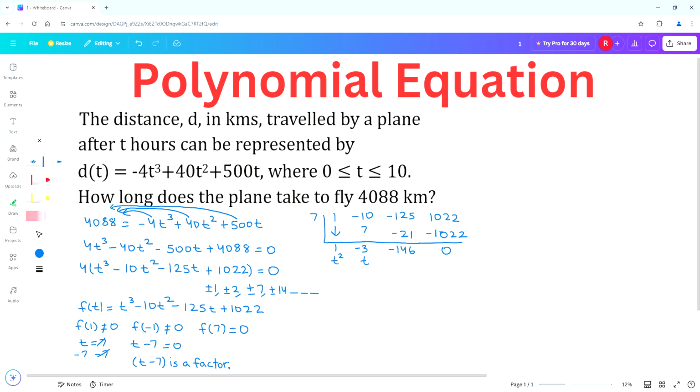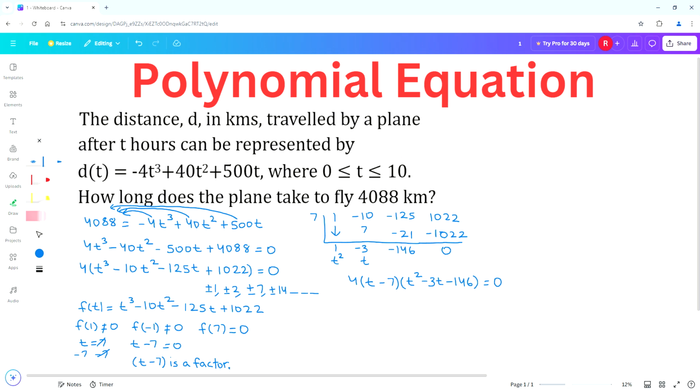Now we can write the cubic polynomial equation in factored form. We start with the first factor and next we write the quotient. The expression in the second parenthesis is a simple trinomial.